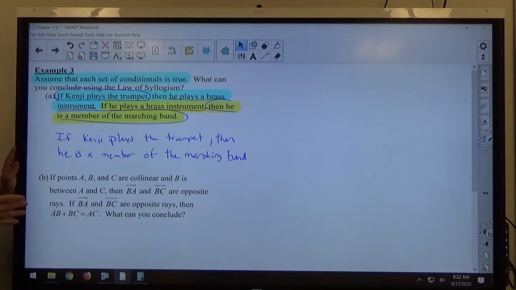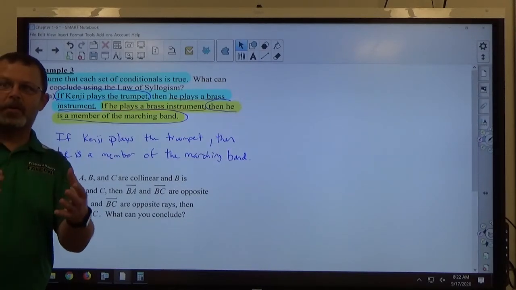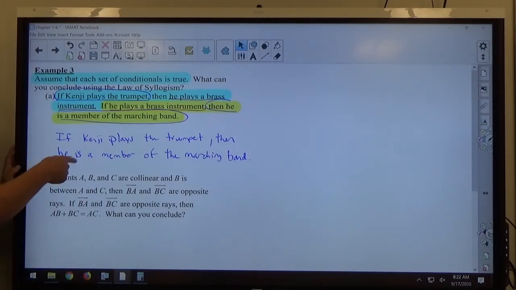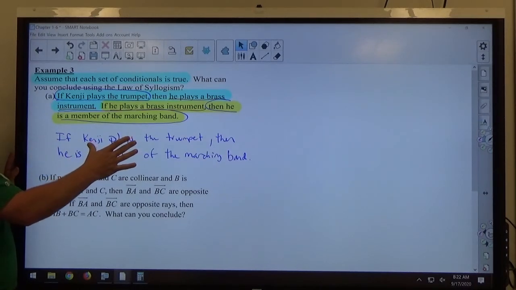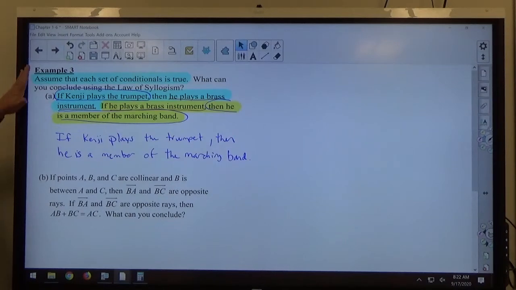So if they ask, what can you conclude by the law of syllogism and the law of detachment? Well, first of all, law of syllogism is this. We get this conditional. But then that extra piece of information saying that he plays the trumpet would allow us to conclude by the law of detachment from yesterday that he's a member of the marching band. So again, they might do that too. But again, if it's just law of syllogism, you should expect an if-then conditional statement for your answer.